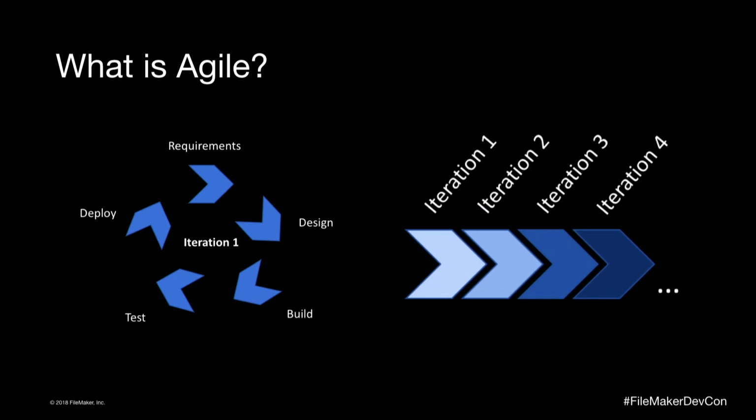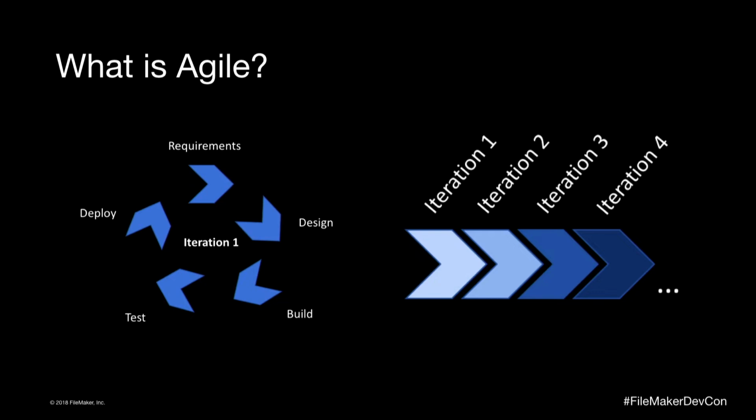Agile is very opposite of that. It's agile, it's flexible, it's fluid. So you're moving between those same five modules of requirements, design, build, test, and deploy, but you're going through them very fluidly. So you're iterating on them in two ways. The first way that you're iterating is that you're taking a full project and breaking it out into modules.